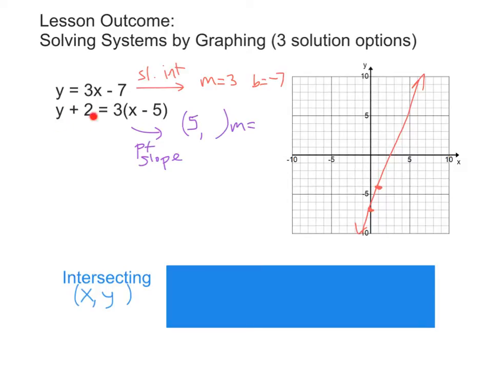And then our y value, it says y plus 2, so we're going to write negative 2 right here. And then our slope is 3. So I'm going to plot the point 5, negative 2. 5, negative 2 is right here. And then we're going to use our slope of 3 to rise 3, 1, 2, 3, and run 1, which means we get this point right here. And now we are going to graph that line.